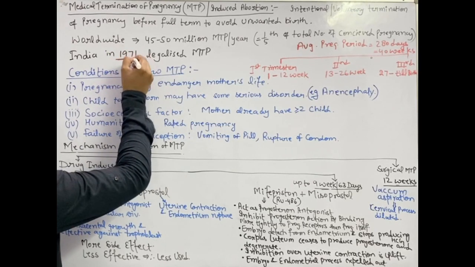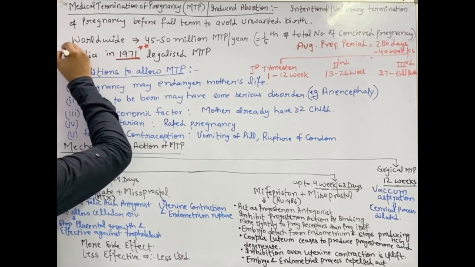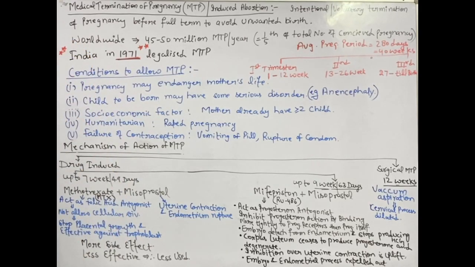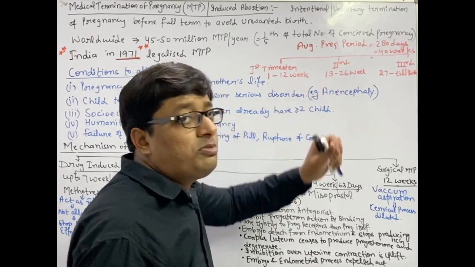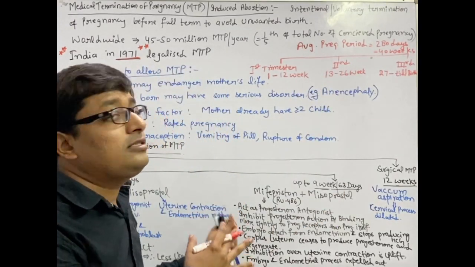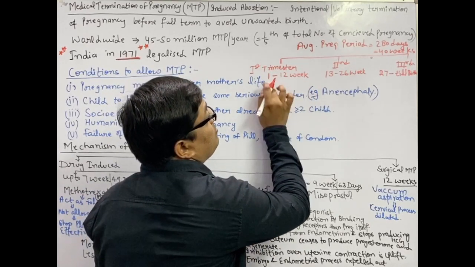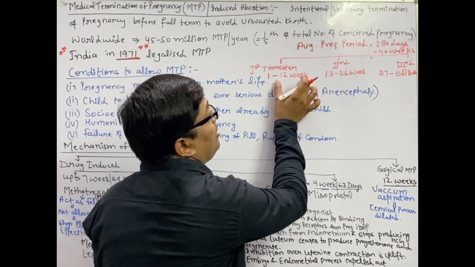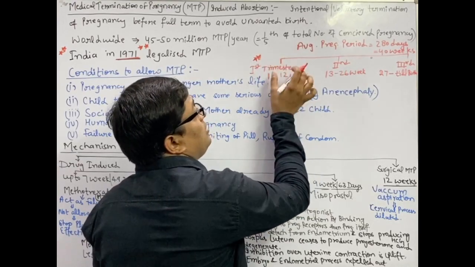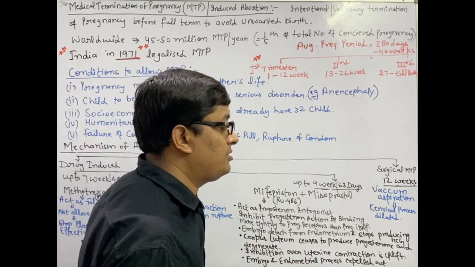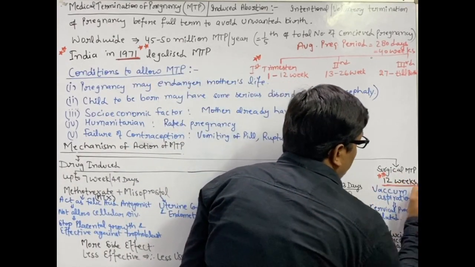So in 1971 India legalized MTP. That is the first question for the NEET. And the second one, up to which period the MTP is safe. It is up to the first trimester, the first 12 weeks. So the safe period for the MTP is the first trimester.